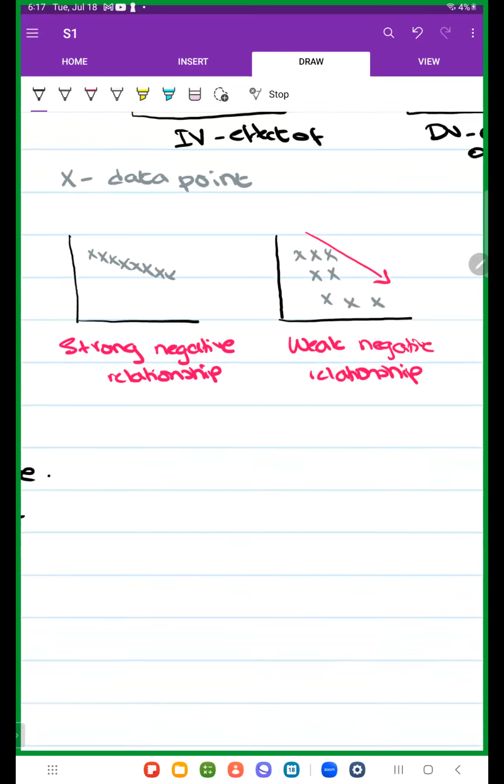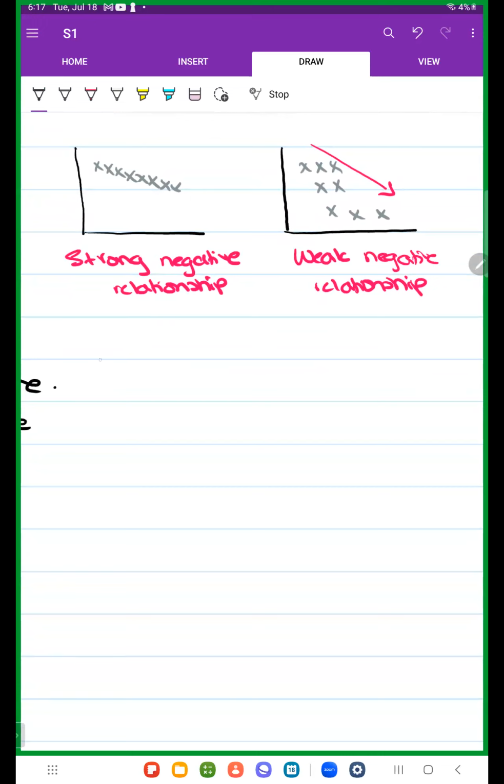Another type of diagram is now, let's look at strong positive. Do you see the points are close together and the slope is positive?